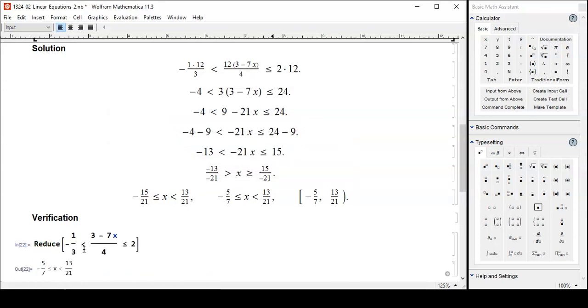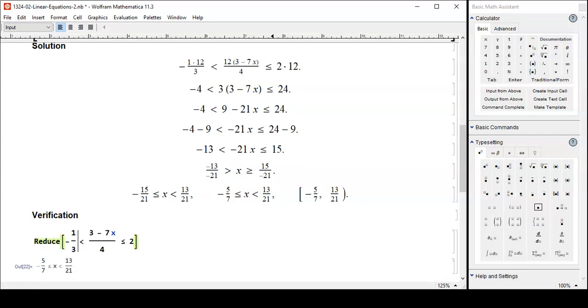Yes, that's correct. We have negative 5/7 and then 13/21. Yes, everything is right.